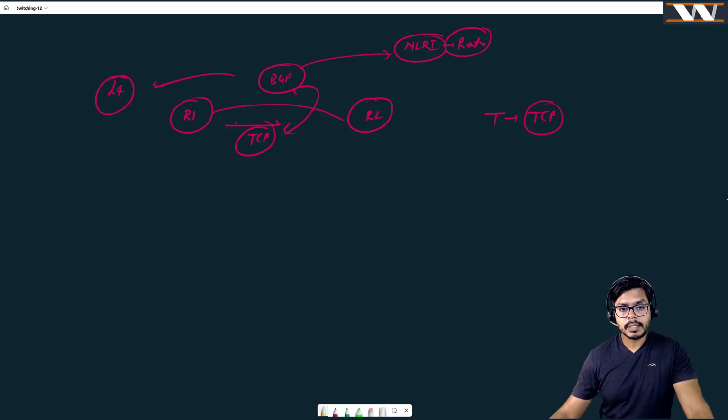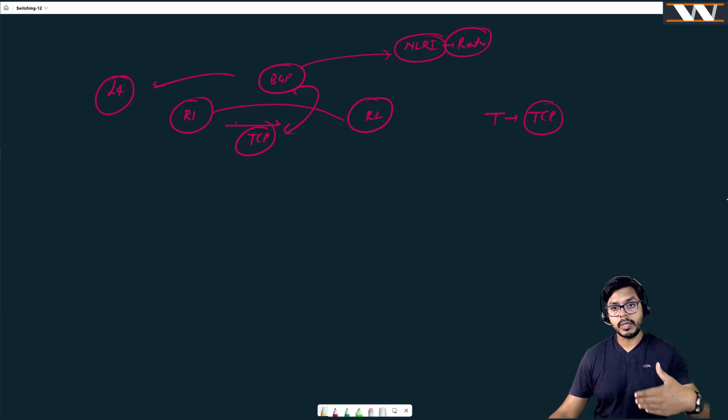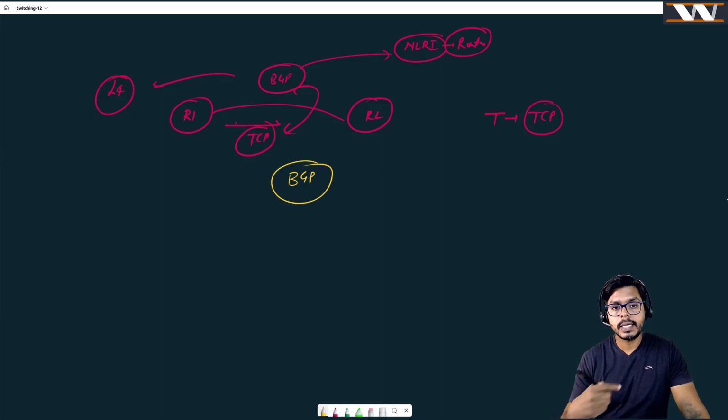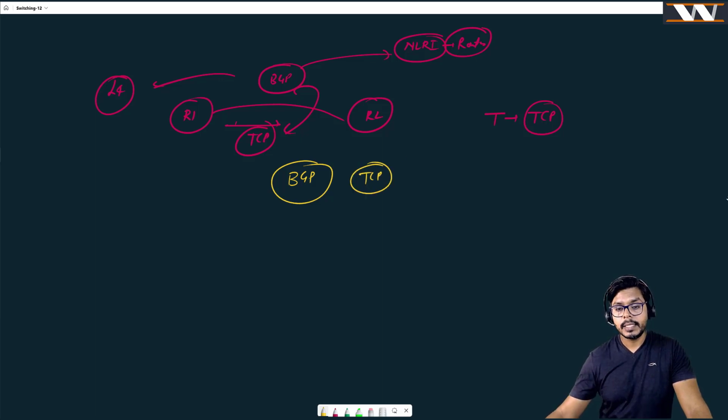Believe me, guys, maybe I was wrong in previous videos also, but I have checked my knowledge and now I have come to the conclusion that it doesn't matter what a protocol uses to exchange its messages. If BGP uses TCP to exchange its messages, it doesn't mean that it is a layer 4 protocol.